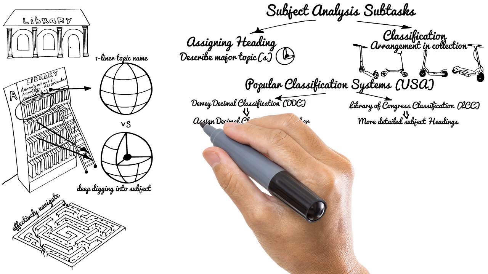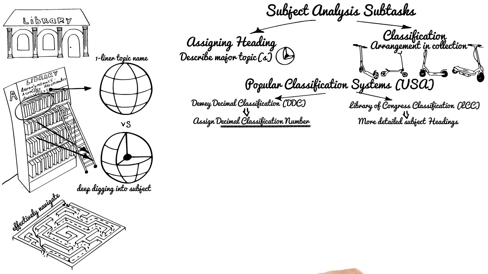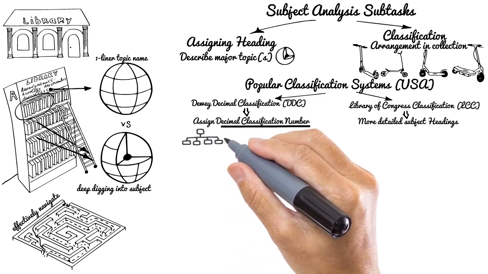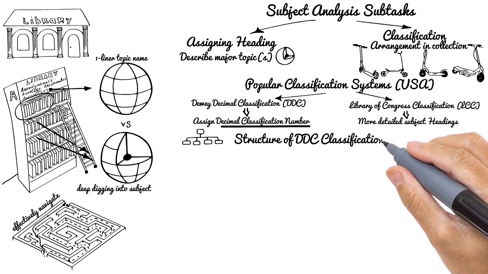When I used libraries in Texas and Washington states, I remember DDC classification numbering was used. So if you live in the US, there is a high chance that you could see DDC in use in your library. Each subject heading is assigned a decimal classification number. Let's talk about the characteristics and structure of a DDC classification number.